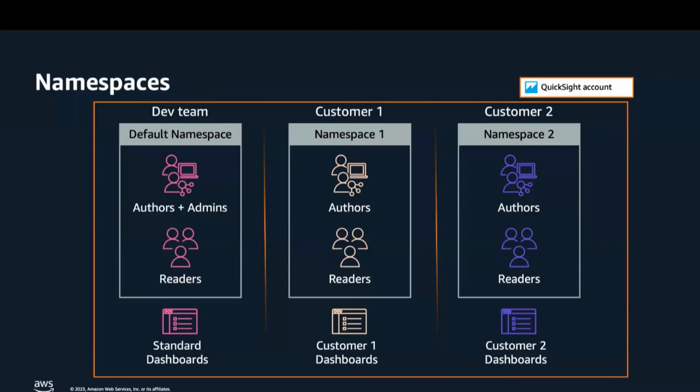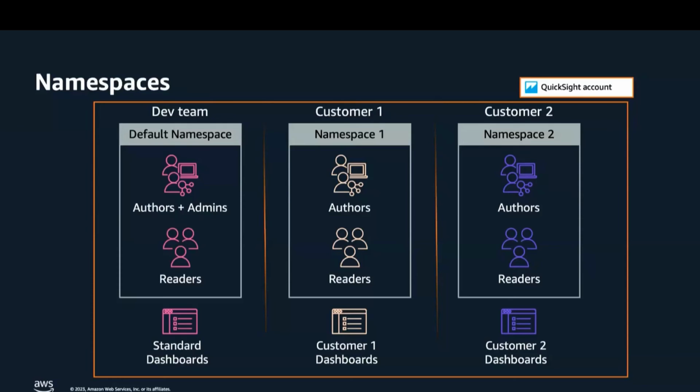But you would also have these additional custom namespaces, one namespace per tenant. So your users who belong to customer 1 would be created in namespace 1, while users who belong to customer 2 would be created in namespace 2 that you can see here.